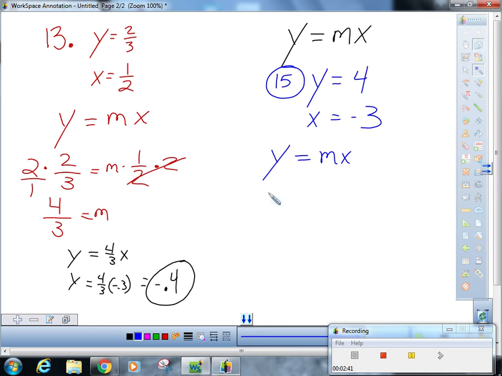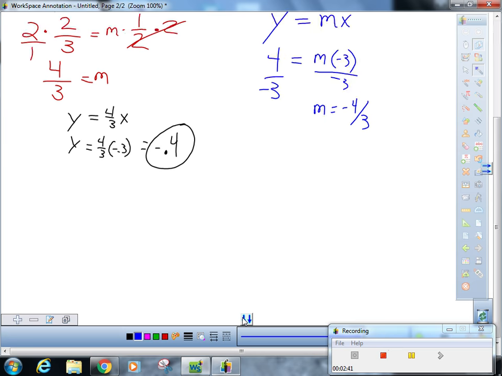So you get 4 equals m times negative 3. So divide each side by negative 3. And you get m is negative 4/3. Okay? So that's our constant of variation. Our equation is y equals negative 4/3 x.